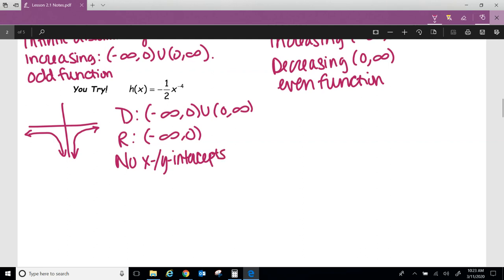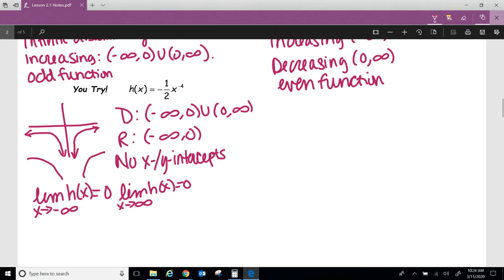We have end behavior going to where? To those asymptotes. So the limit as we approach negative infinity is 0. The limit of h of x as x approaches infinity is also 0. For this one, as we go left to right, we are decreasing and then we're increasing.